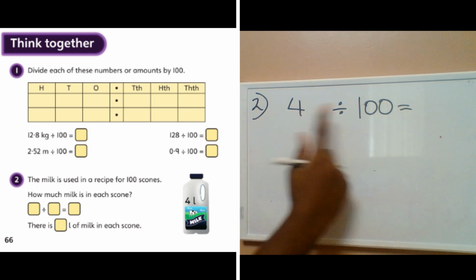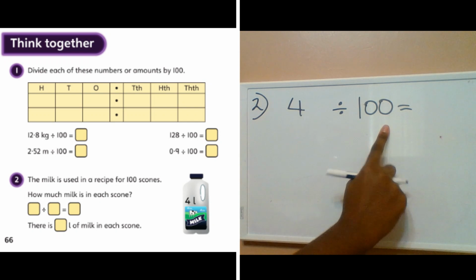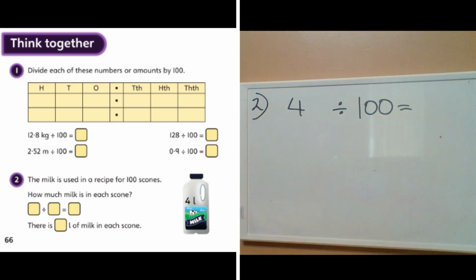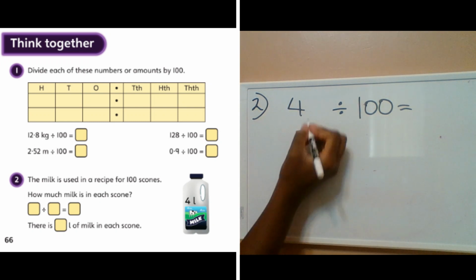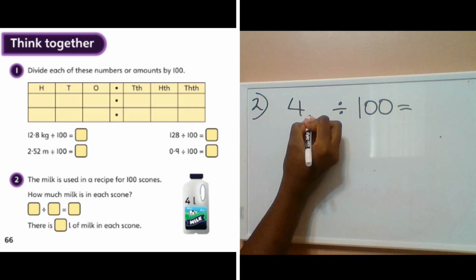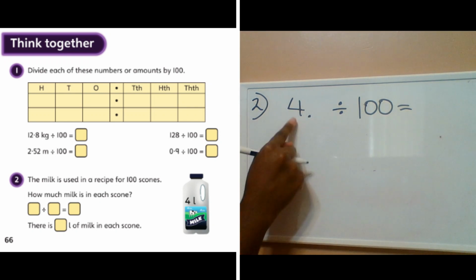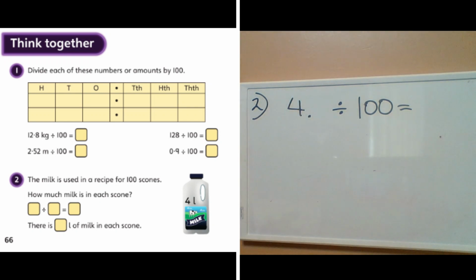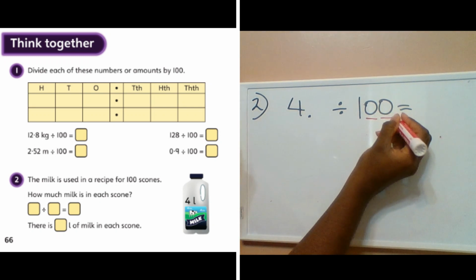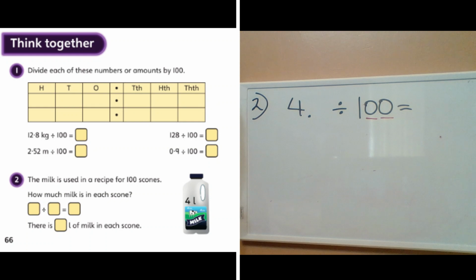So I'm taking those 4 liters and splitting it up into 100 different groups because there's going to be 100 scones. That will tell me how much milk goes into each scone. Right now, the decimal point in 4 is right behind the 4 because this is my ones place. Since I'm dividing by 100, I need to jump 2 places.